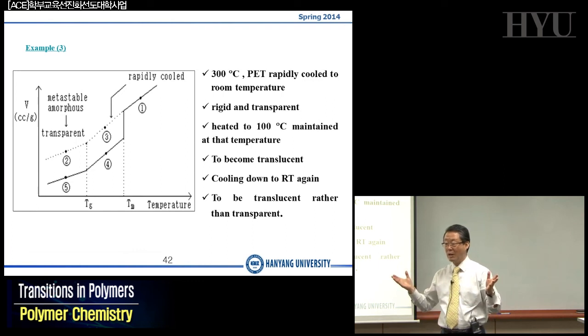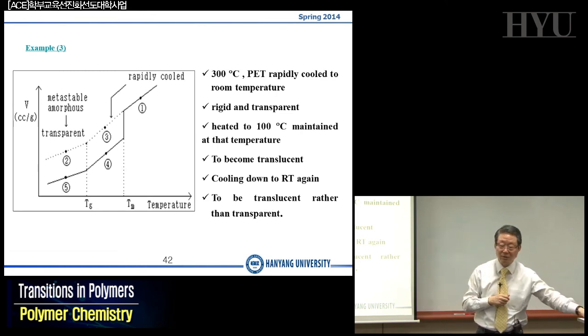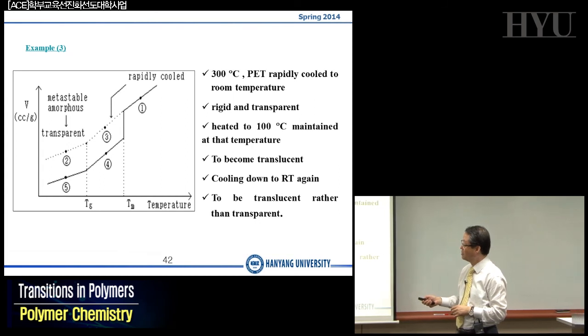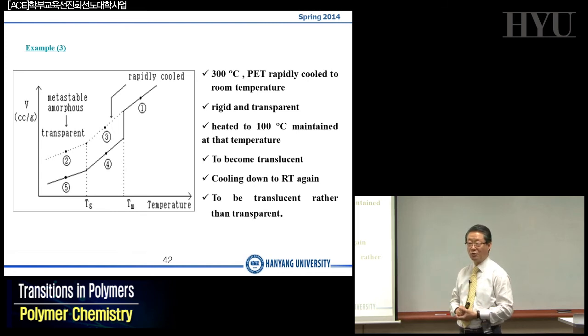Okay? What happened if you heat it up again, your material? Does it follow this 3 and 1, or does it follow the other route? Is my question. What happened?